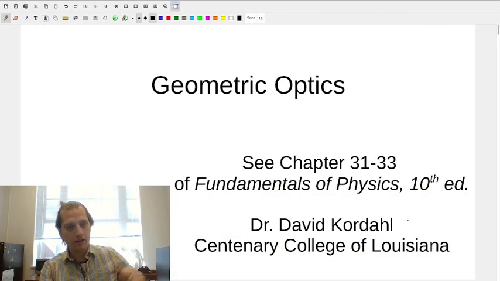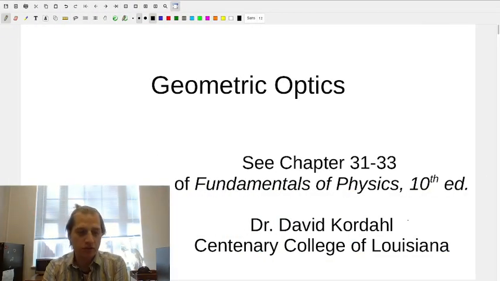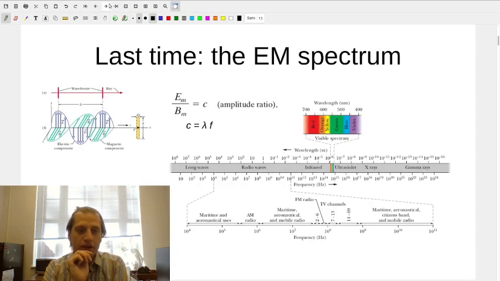We are on one of our last lectures of the semester, and we're going to talk about sort of a strange one, because geometric optics has been around for a long time before any of the physics we've been talking about this semester. In fact, Euclid knew about geometric optics.